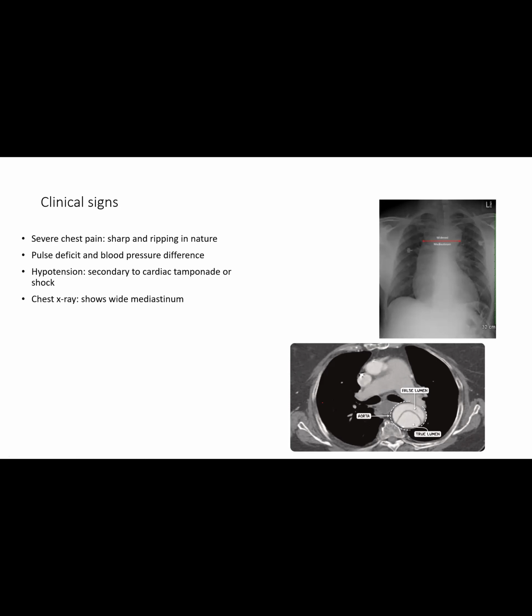There can be a difference of more than 20 millimeters of mercury in blood pressure between the limbs, and there's also going to be a weak or absent central or peripheral pulse. Central pulses can be carotid or subclavian arteries, and peripheral pulses such as radial or dorsalis pedis. There will be a difference in the pulse as compared to the contralateral side.